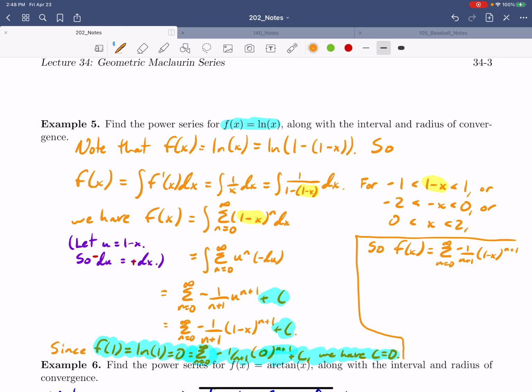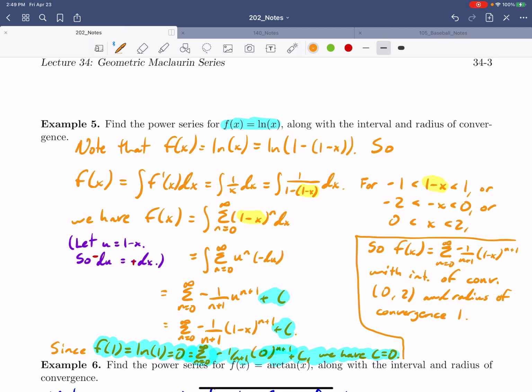And maybe we can even erase the period and say, with interval of convergence (0, 2) and radius of convergence 1. Okay, so that's our answer right there.